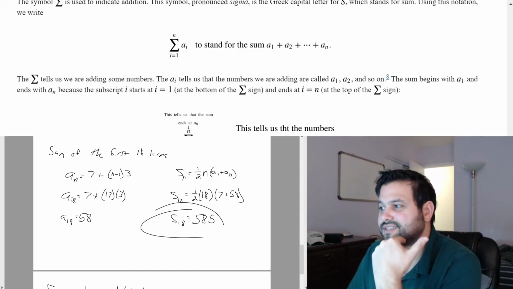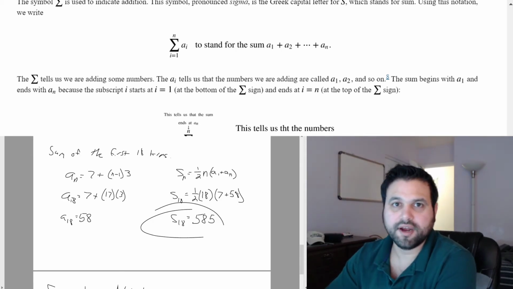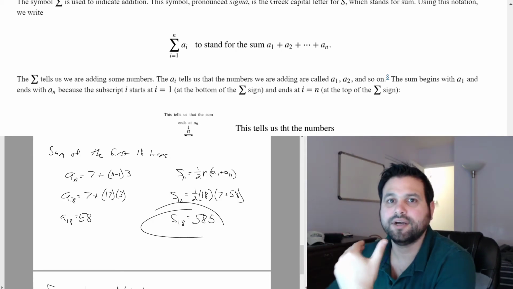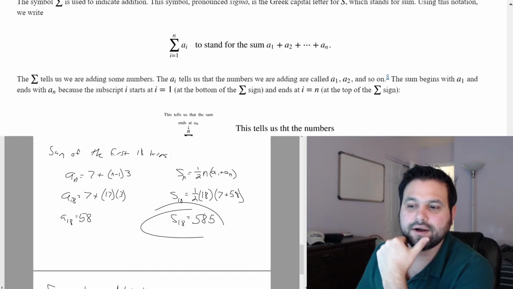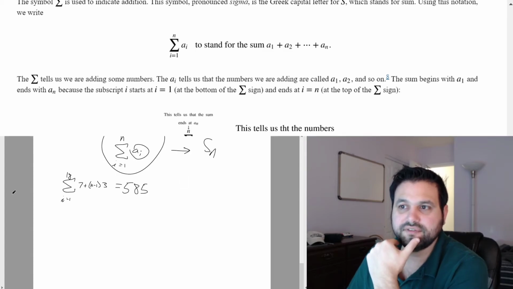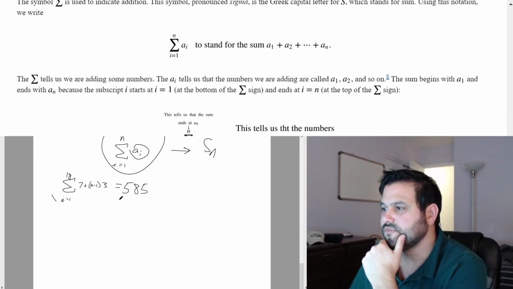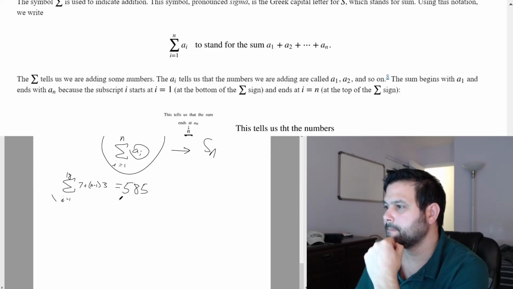It's just another way of writing it, another way of asking the question. Instead of writing out what are the first 18 terms of this sequence, I can just write find this, using that notation.